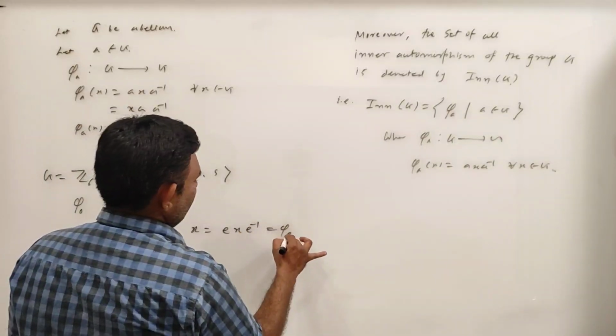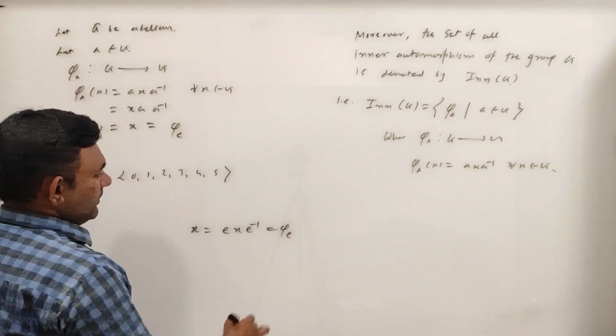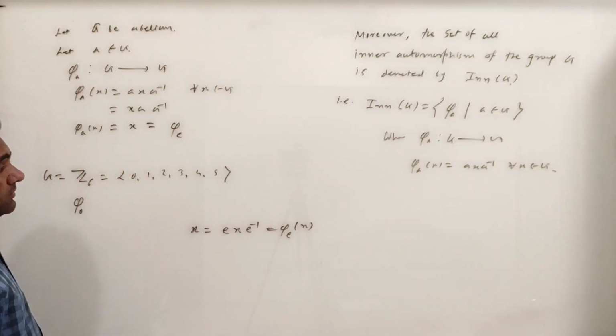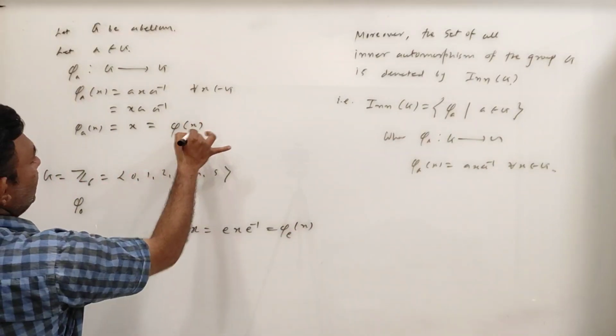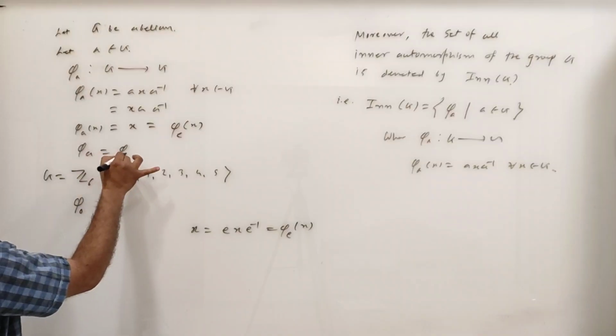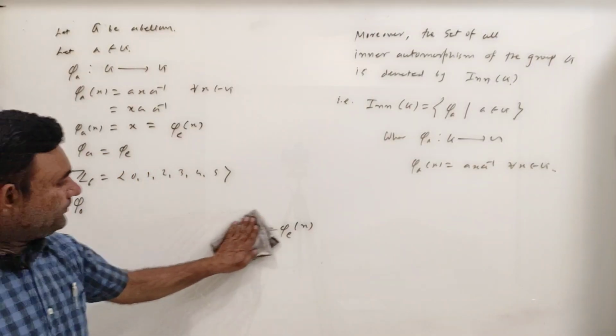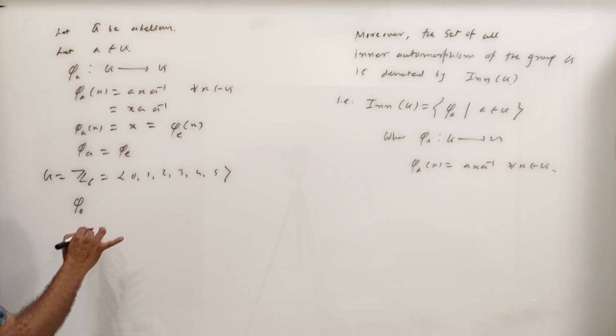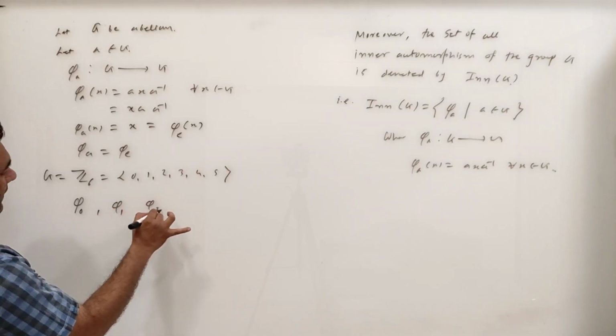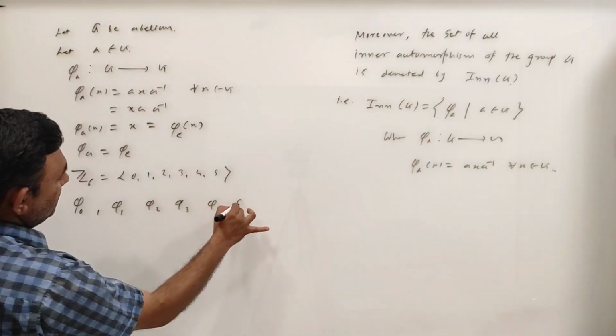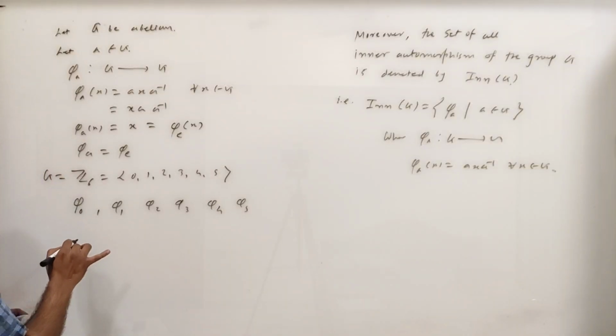So it is phi_e at x. So phi_a is phi_e. So phi_0, then you have phi_1, phi_2, phi_3, phi_4, phi_5.